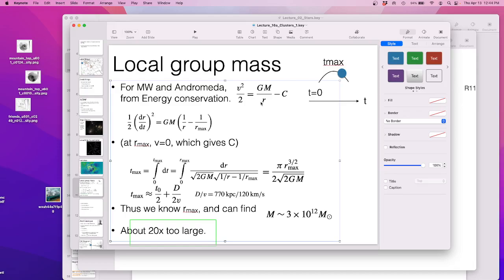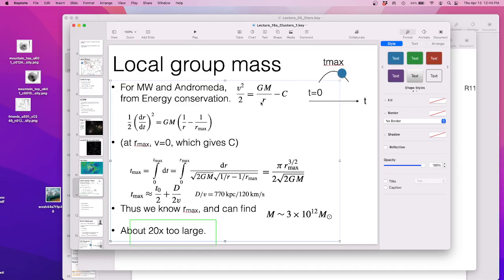T naught I know, v I can measure, that's just the redshift. Andromeda is one of the few things in the universe that has a negative redshift, has a blue shift. Equals this, r max. How do I sort out r max? I sort out r max from here. Where v equals 0, I just get that. So I know everything here except the mass.